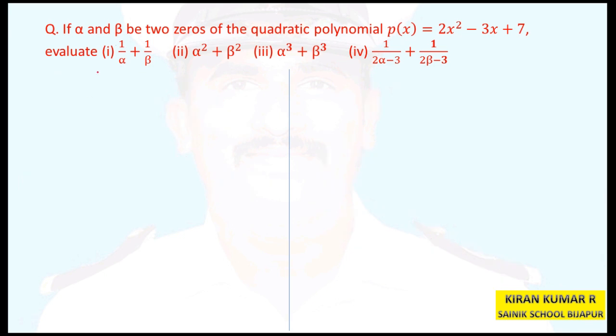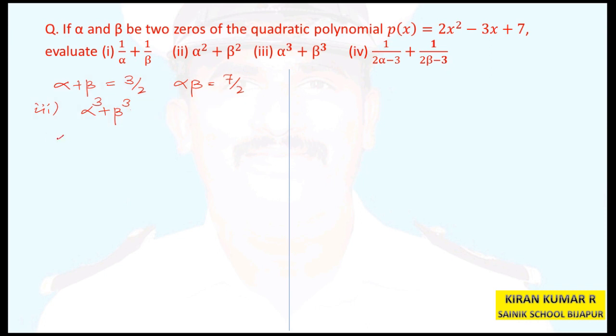Look at the third one. Let me again write the alpha plus beta value. We have 3 by 2, and the alpha beta value we have is 7 upon 2. In the third one, we are asked to find the value of alpha cube plus beta cube.